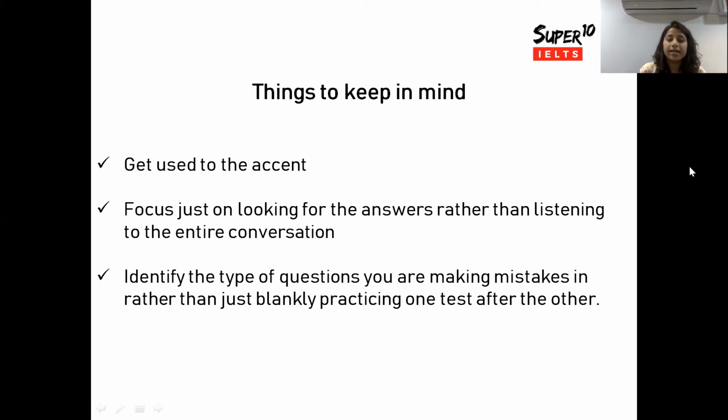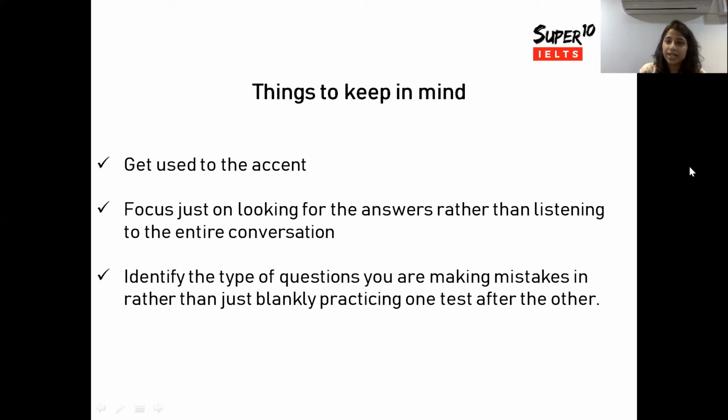Identify the type of questions you are making mistakes in rather than just blankly practicing one test after the other. Now, this is really important. I shared this in the reading lesson as well, that if you just keep practicing listening tests over and over again, you will keep making the same mistakes and you won't be able to identify where exactly the mistake is happening, in which type of question the mistake is happening.